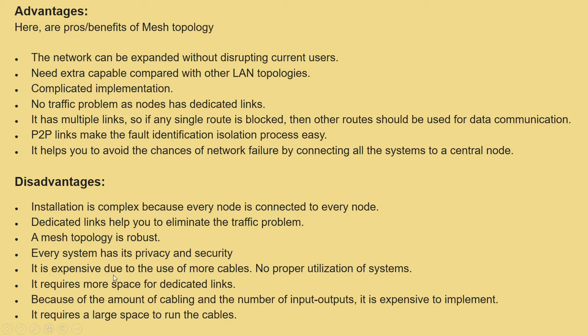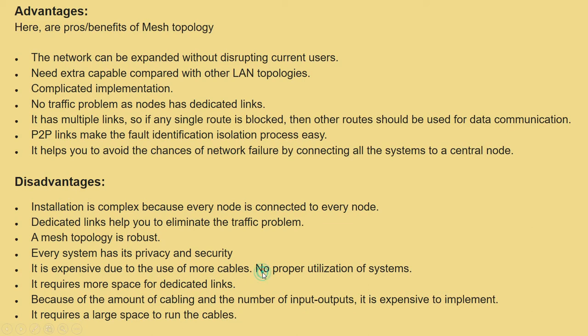It is expensive because more cables are to be used. No proper utilization of system. It requires more space for dedicated links. Because of the amount of cabling and the number of input and output ports, it is expensive to implement. And the last disadvantage is that it requires a large space to run the cable.